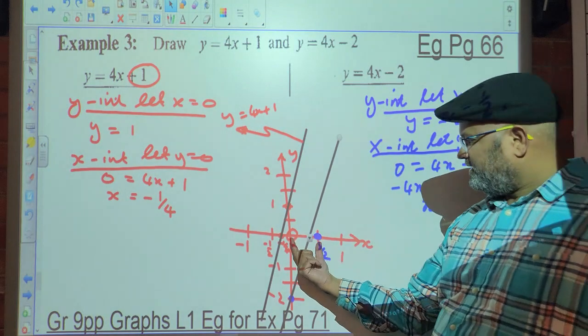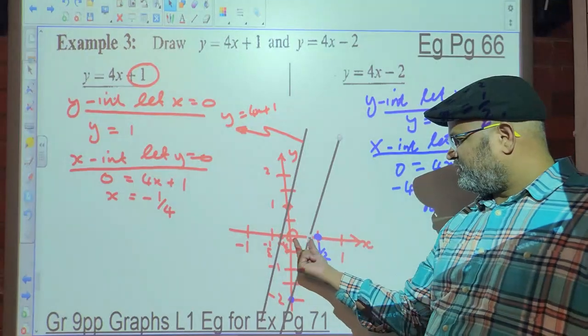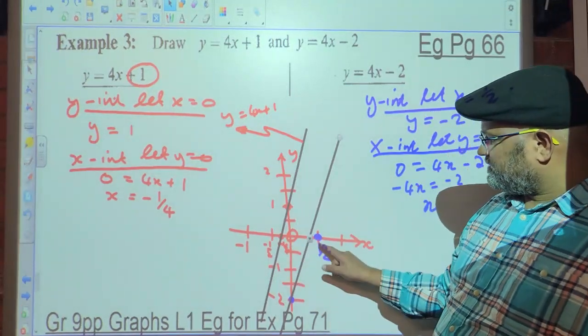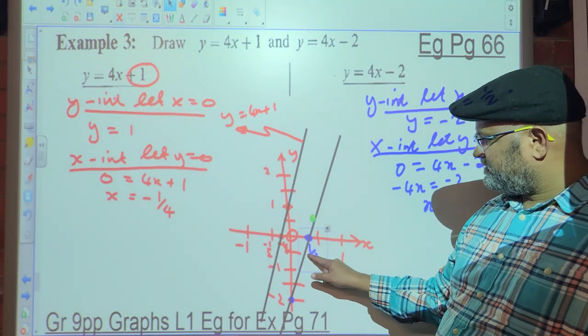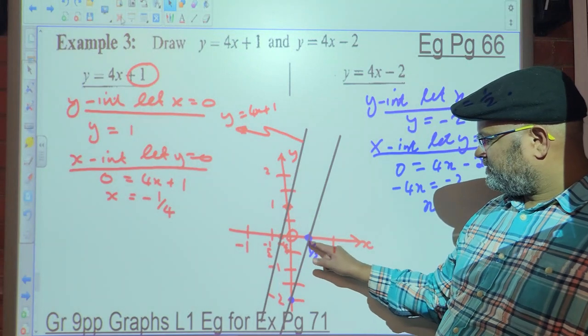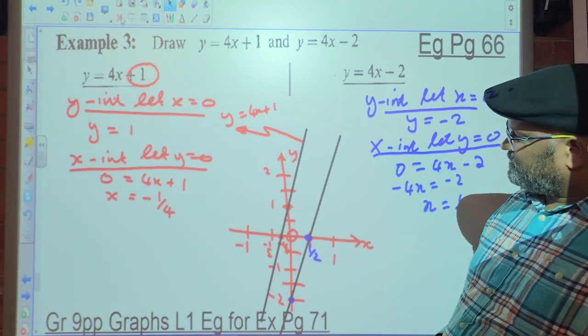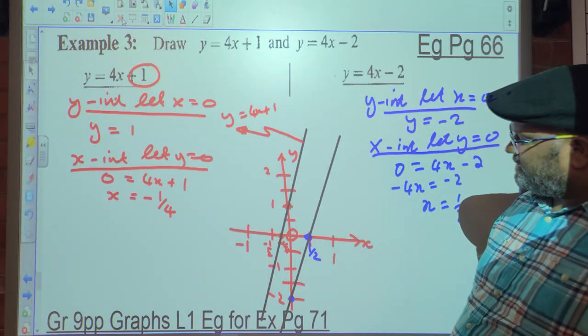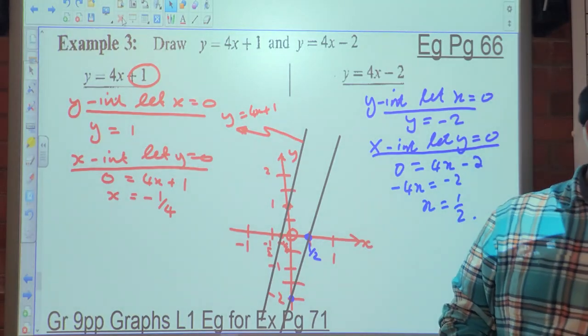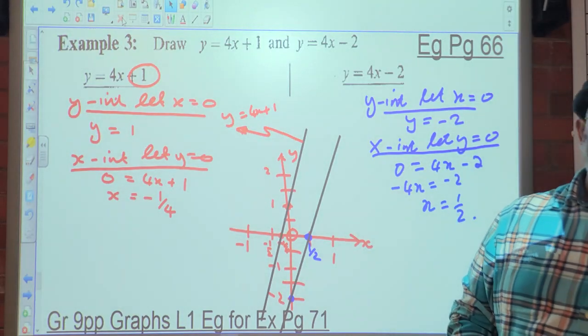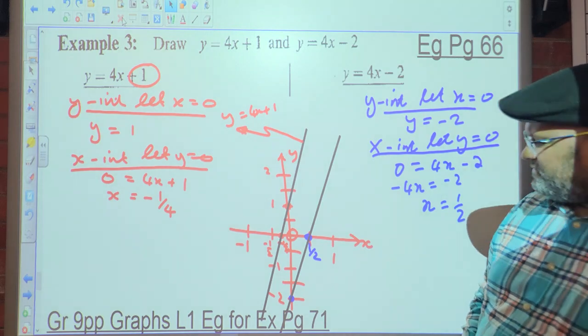Can you see that this half here is smaller than that half? So let's move it in accordance. What do you notice? The lines are parallel.